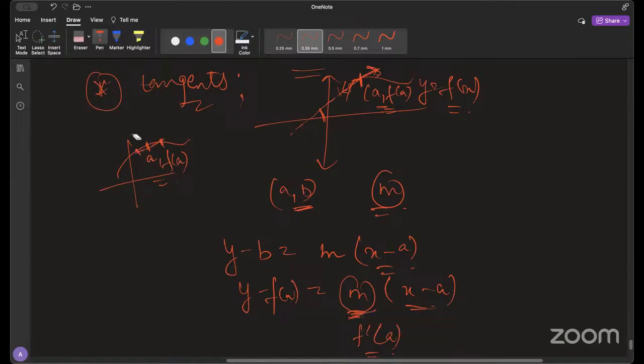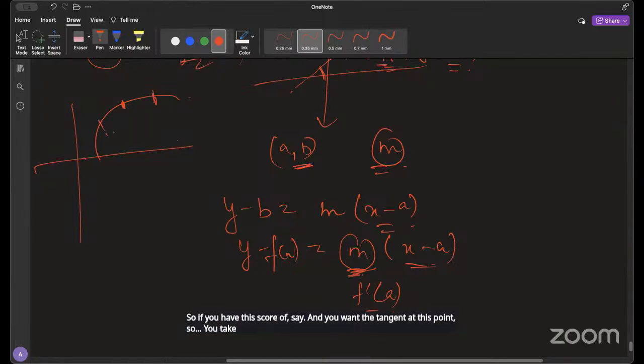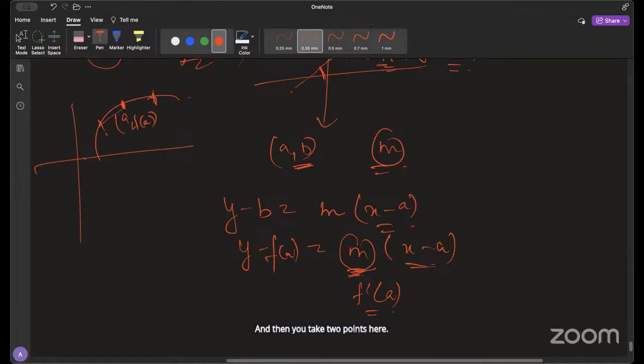Let's just draw a clear graph. If you have this curve, say, and you want the tangent at this point, let's say this is (a, f(a)). You take two points on either side, and you join these two. And then you come closer to this point, and you join these two points.